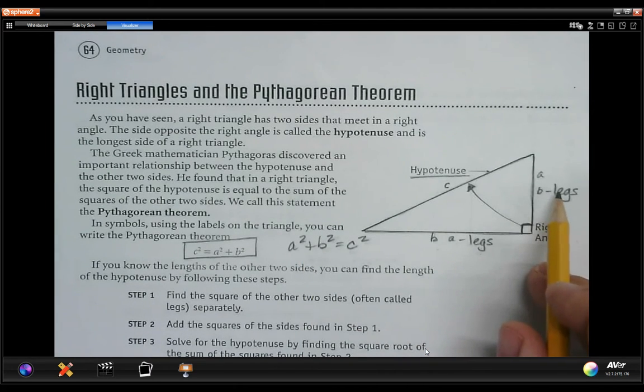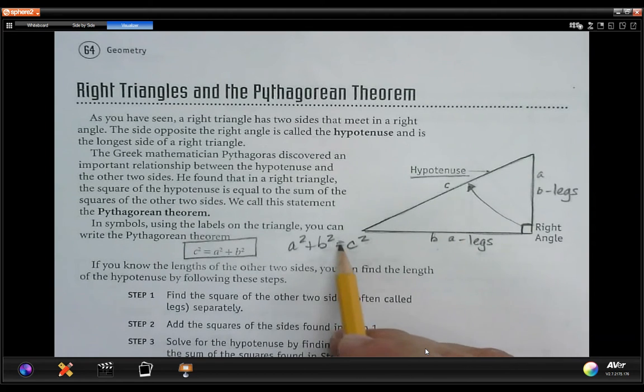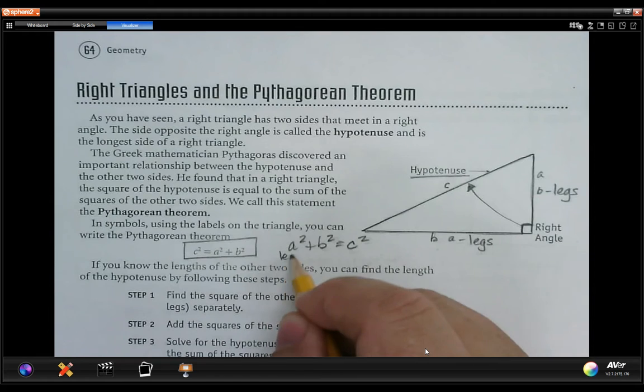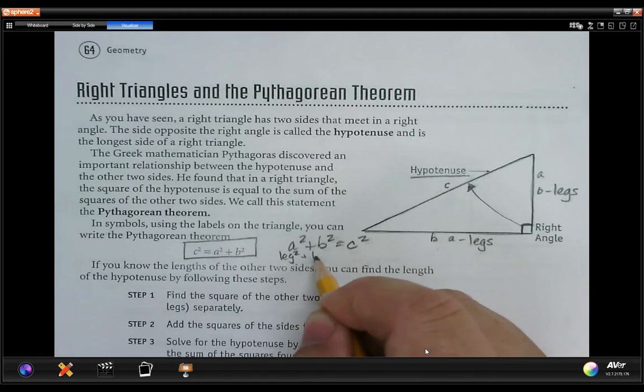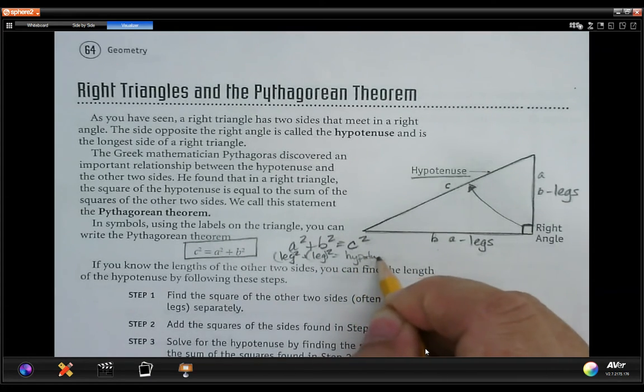And so what this theorem basically says is this: if I square one of the legs of a right triangle and I add to it the square of the other leg, then it should equal the hypotenuse, which is c squared. So I have leg squared plus leg squared, and that would equal the hypotenuse squared, okay?